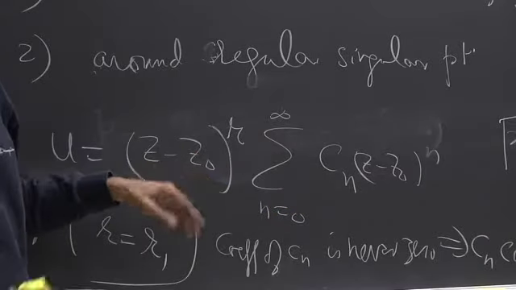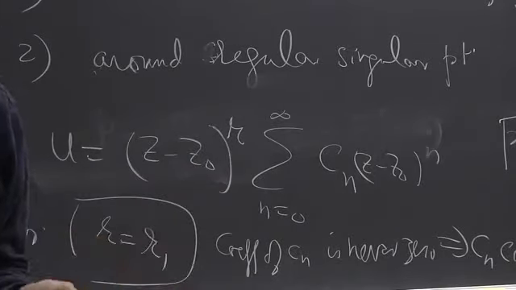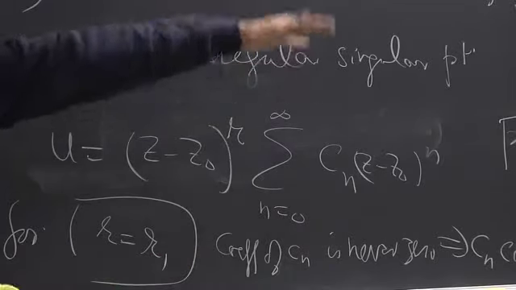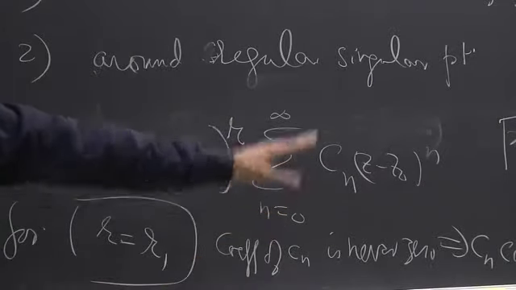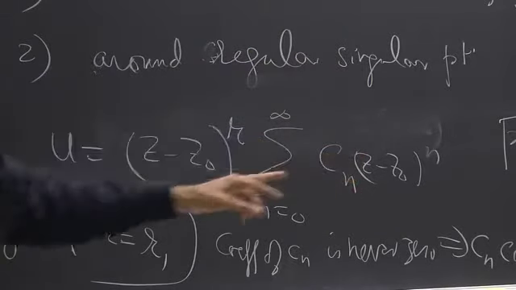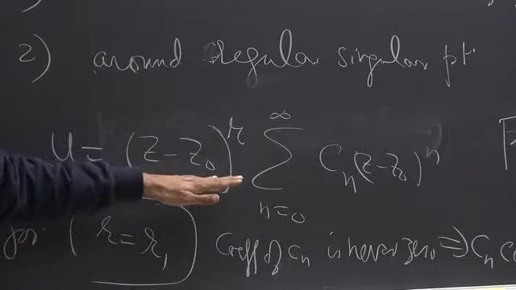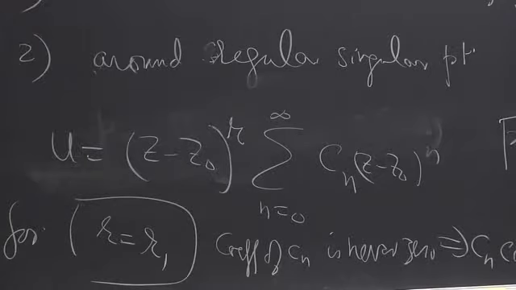Of course, this is an assumption, what is called an ansatz. I'm making an ansatz for this U, plugging it in, and finding that the ansatz works, at least for r equal to r1. For r equal to r2, when the difference between r1 and r2 is an integer, this will not work, and we'll see that this ansatz is not good enough for the second solution.